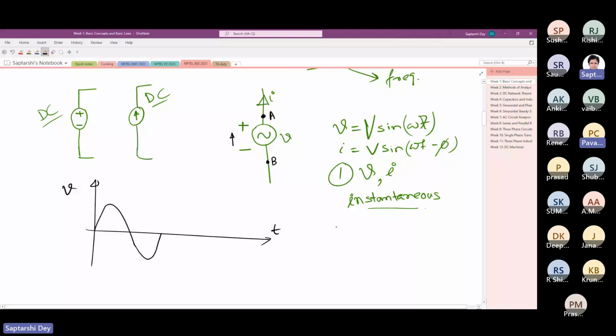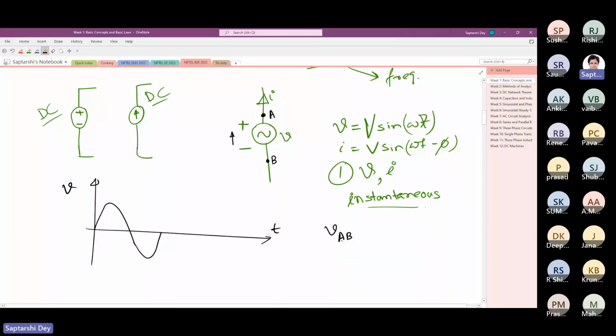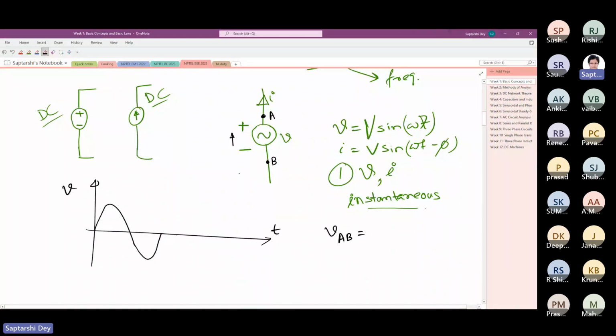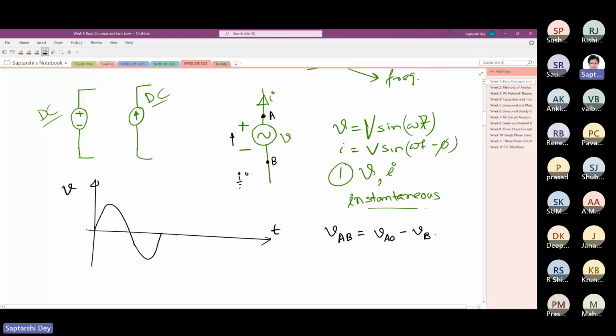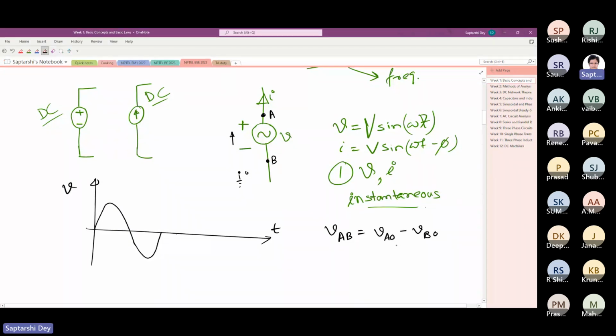This means potential of A with respect to potential of B, which can also be said as, say, there is some other point, say O, potential of A with respect to O minus potential of B with respect to O. Okay. Now look at this waveform.